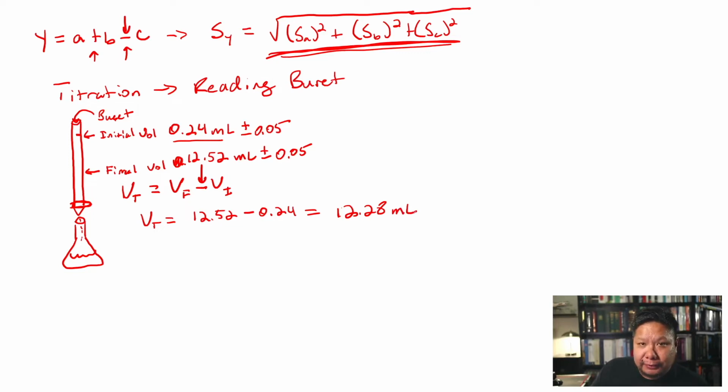Okay, 12.28 mils. But we're not done yet. Even though we've gotten the final volume already, we haven't done our propagation of errors yet. And so this is where we will go in and use our propagation of errors equation, where SY, which is the absolute uncertainty, is equal to the uncertainty of the first measurement.